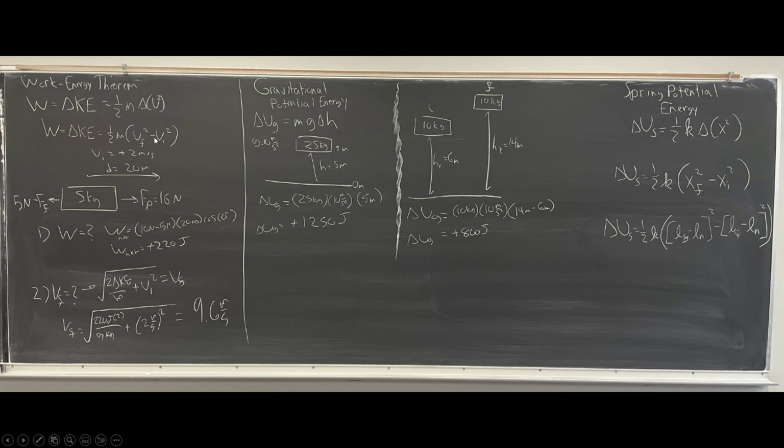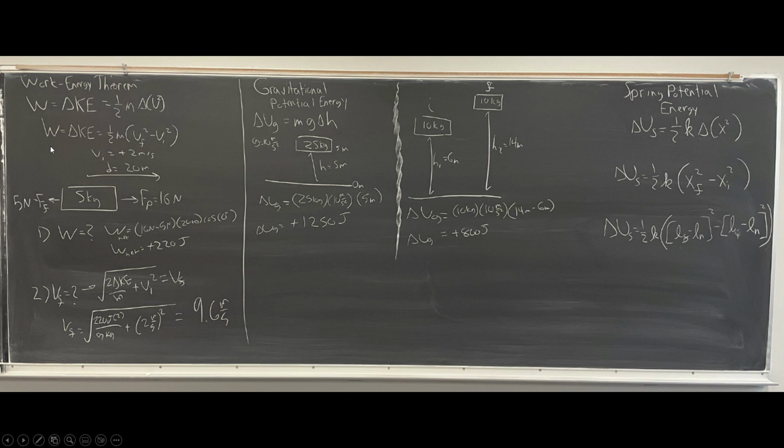Then we're going to take this minus vi squared and add it to the other side. So we have 2 delta KE divided by m, all of that plus vi squared, that would be equal to vf squared. Then we'll square root both sides, so that the final velocity is the square root of 2 delta KE divided by m, and then all that plus vi squared, but everything that I said is all under a square root sign.